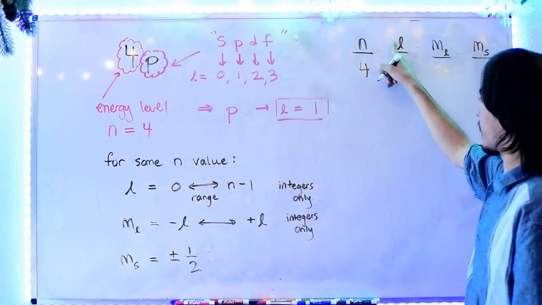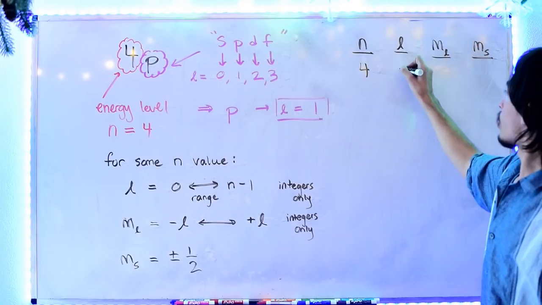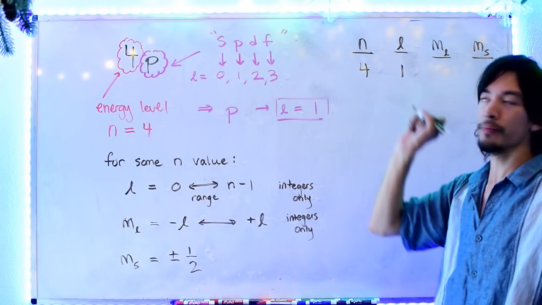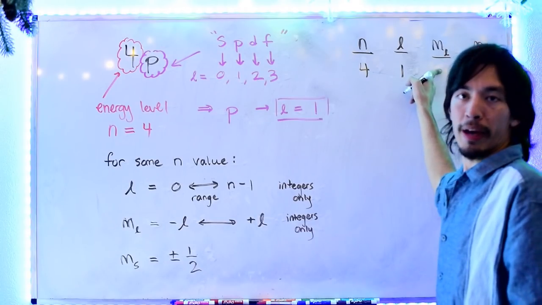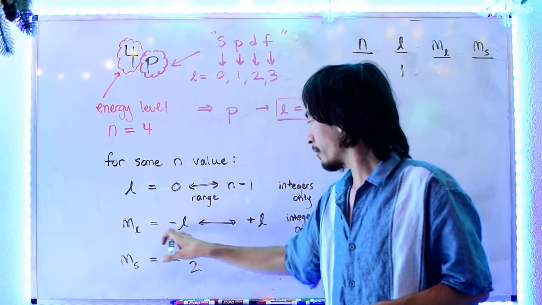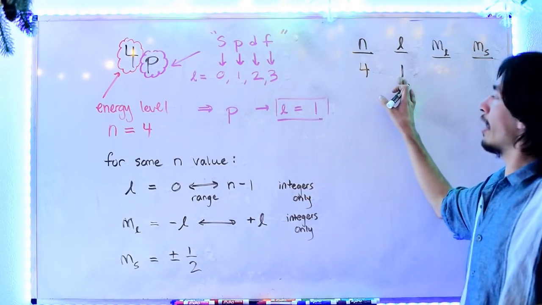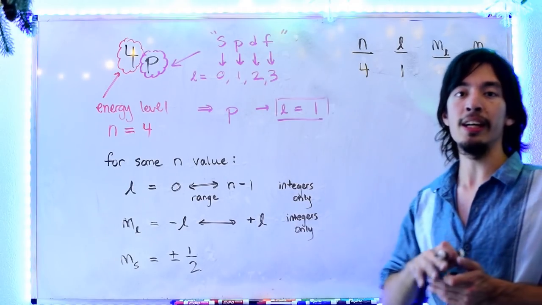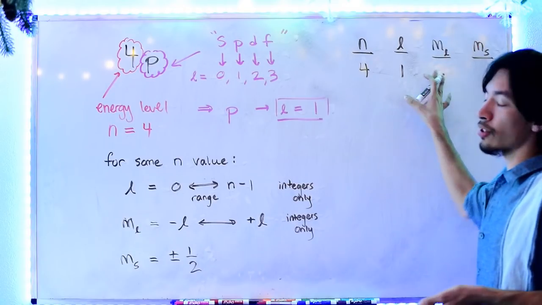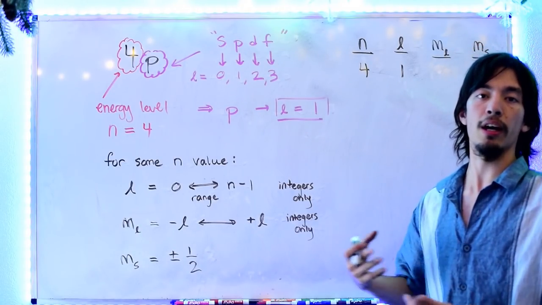I am setting the L value to 1, so 1. These are set in stone, they're not changing in this problem. The m sub L can be a whole range, because we said m sub L could be anywhere between negative L and positive L. But in my case, L is 1, so it could be negative 1 to positive 1. Now, I'm going to start with the lowest possible value first, and we're going to go in an orderly manner.